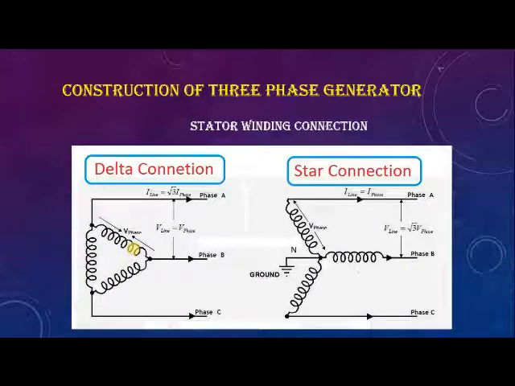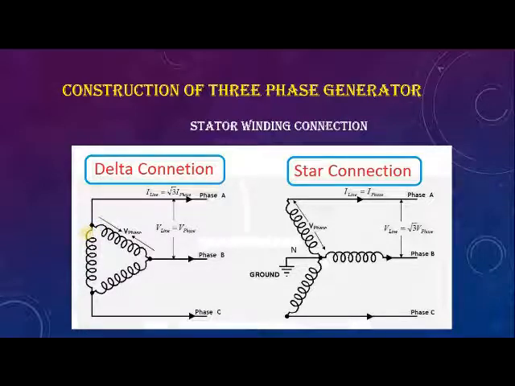So we have seen there are three stator windings: R phase winding, Y phase winding, and B phase winding, or we can say A phase winding, B phase winding, and C phase winding. The phases can be named as either A, B, C, or R, Y, B. So there are three windings in the stator core.